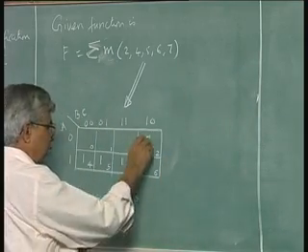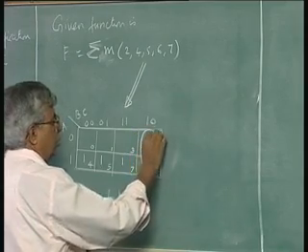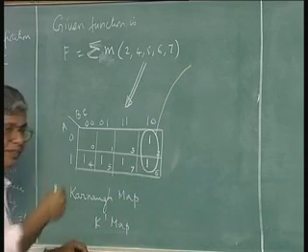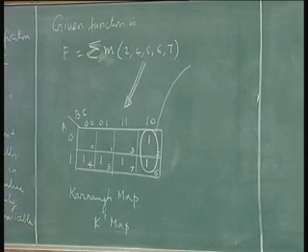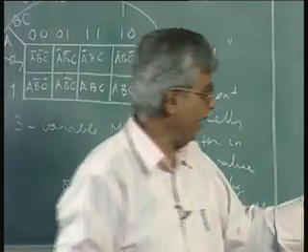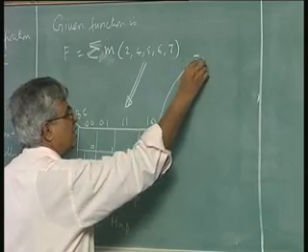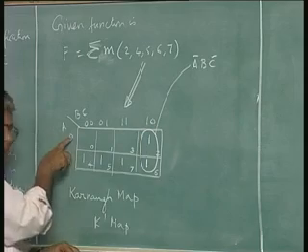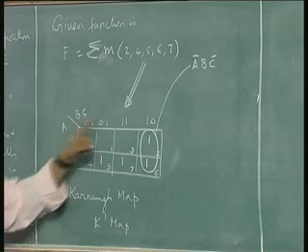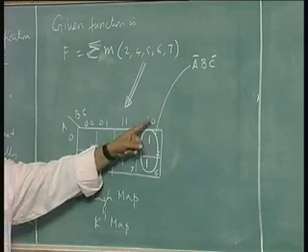If I take these two cells and connect them like this, I do not have to do all this; later on you will be able to read it directly from the map. The first one I write as A bar, B, C bar, and this corresponds to A, B, C bar.